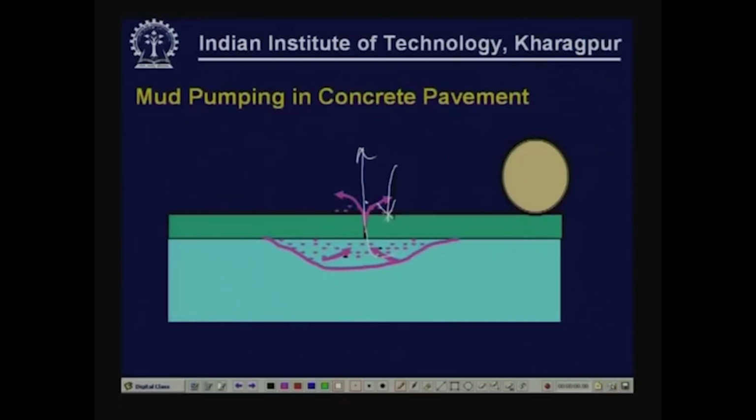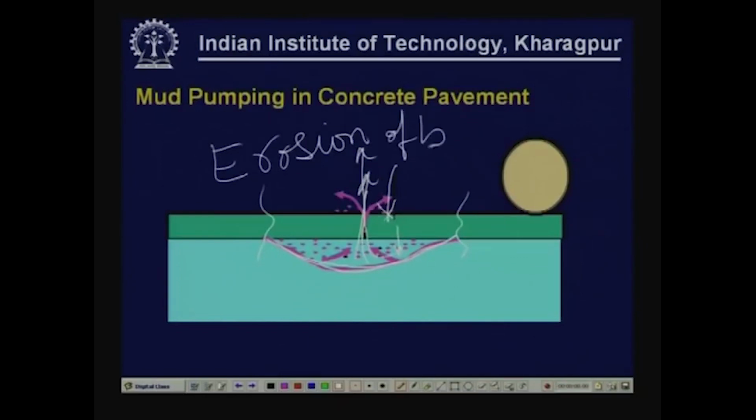So, gradually with each application of load at the joint or near the corner, the slab deflects and then pumps out the fines. After some time, if we have a base which is of erodible material, then there is going to be a void forming here, loss of support to the slab, and then leading to cracking of the slab. This phenomenon is also known as erosion of base, or popularly known as mud pumping. Erosion is a result of mud pumping.